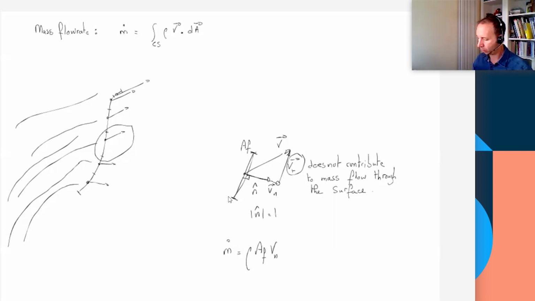Now, in using that formula, we've assumed that Vn was uniform over AF, and rho as well. Both are uniform over the surface of area AF. In that case, to get the volumetric flow rate, you just multiply the normal component by the area. So this is the quantity for volumetric flow rate.